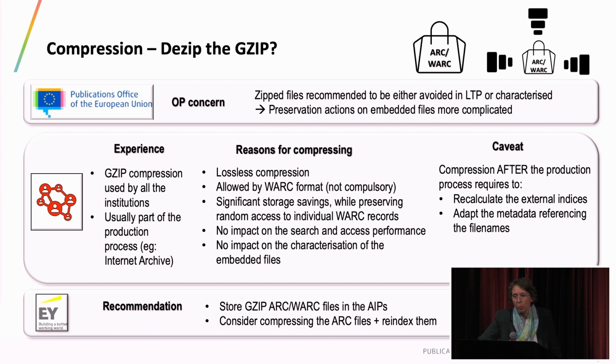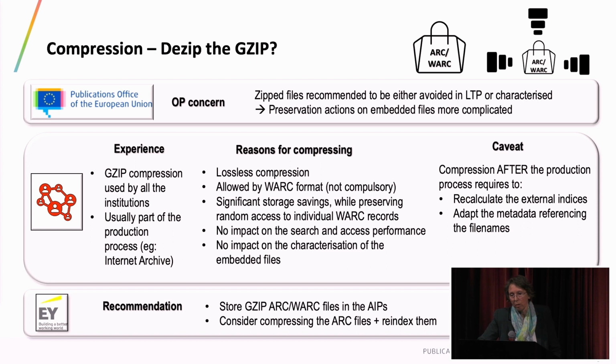The reasons for keeping the compression are that GZ is a lossless compression, so we don't lose any information. It's allowed by the WARC specifications, so it's not compulsory, but it's allowed, so why not do it?